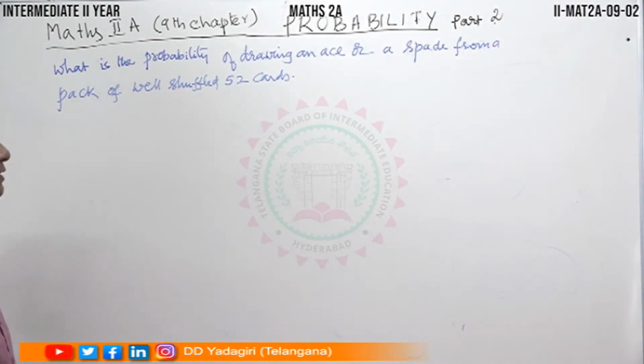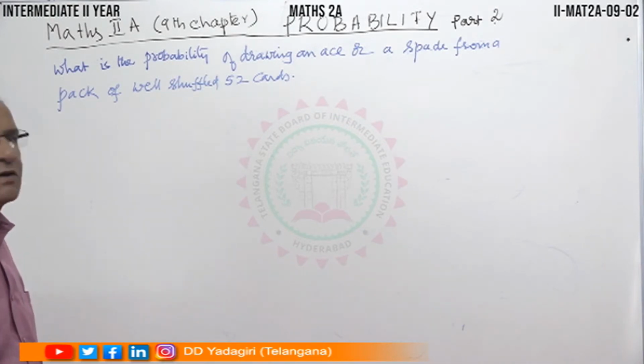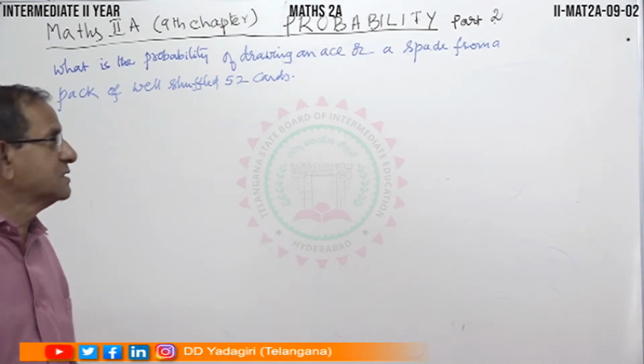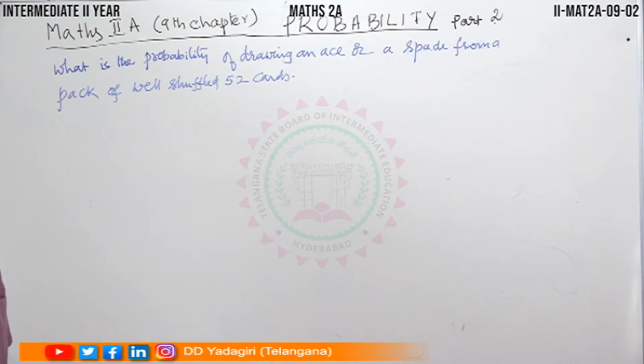Now, if you draw a card from a pack of 52 cards, what is the probability for getting an ace or a spade card? You know that 4 aces are there in a pack of cards and 13 spades are there in the pack.